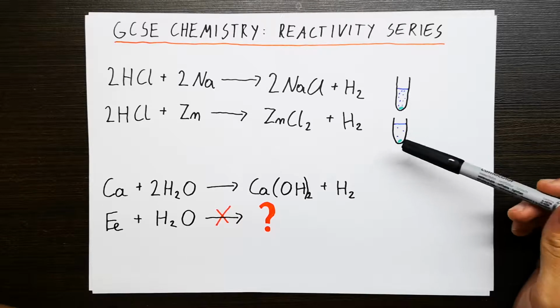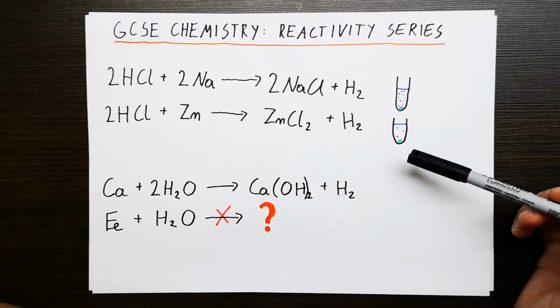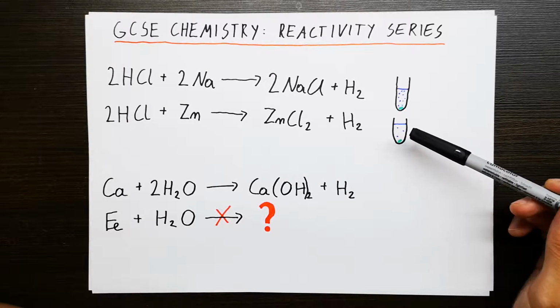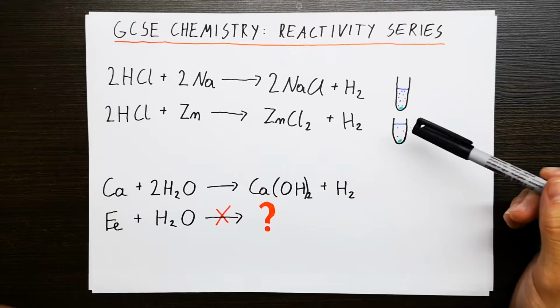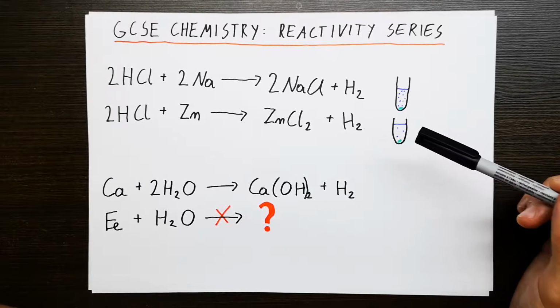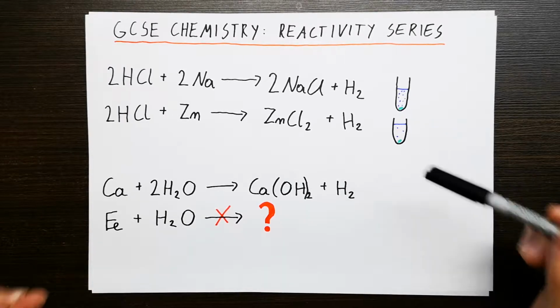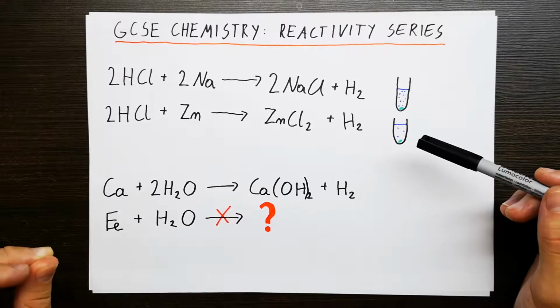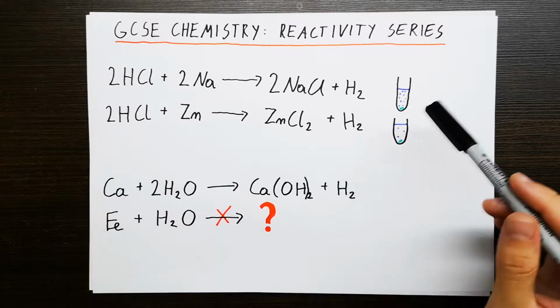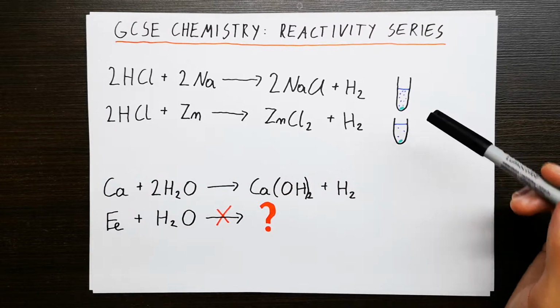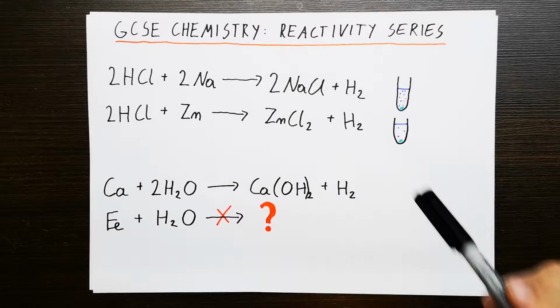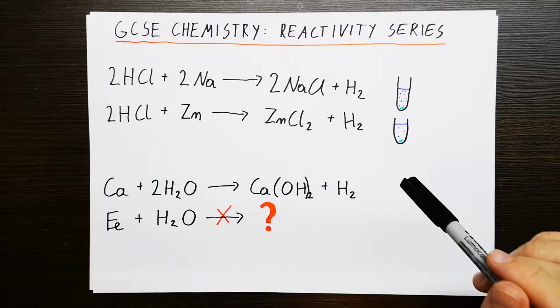We would see zinc at the bottom of the tube with hydrochloric acid in the tube, same acid, same everything, and we would see much fewer bubbles. Why is it that we see much fewer bubbles if we react zinc than if we react sodium? Well, that will be explained by reactivity series.